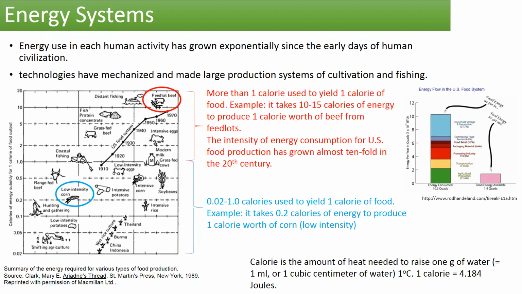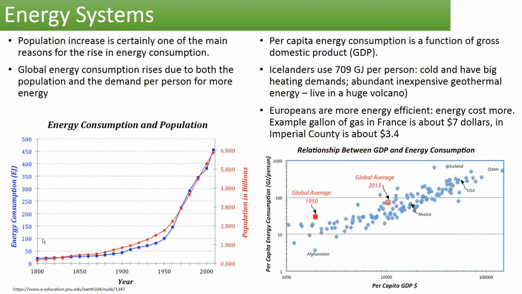All right. Another way to talk about energy systems is about population. And we know that we have been increasing the population on Earth over the years. So in the graph on the left, you can see the energy consumption and also the population in billions.